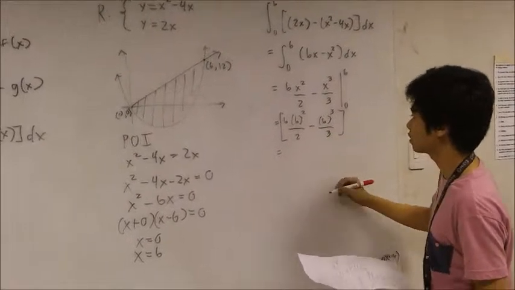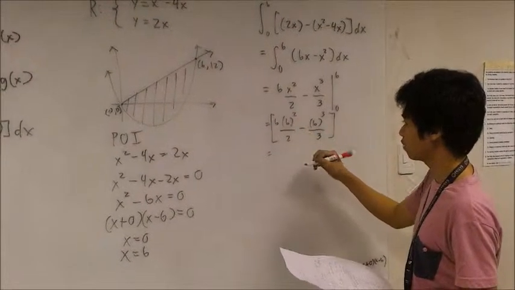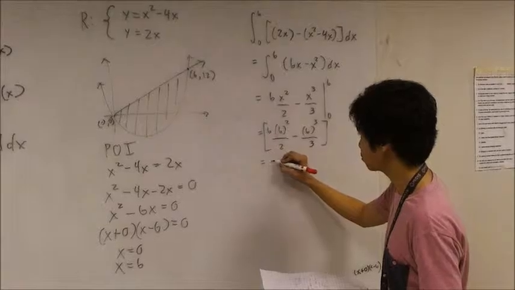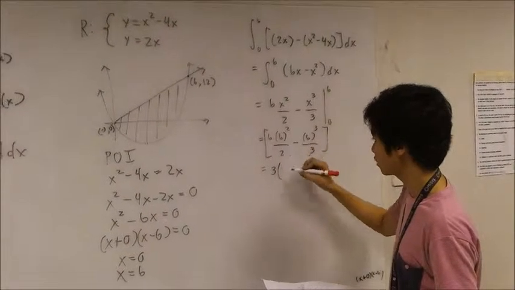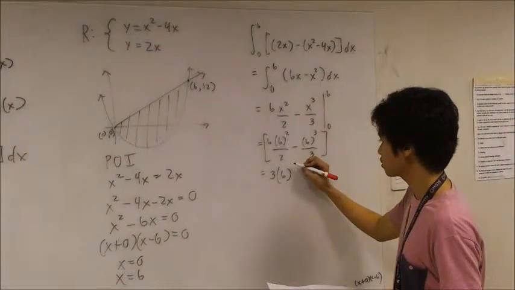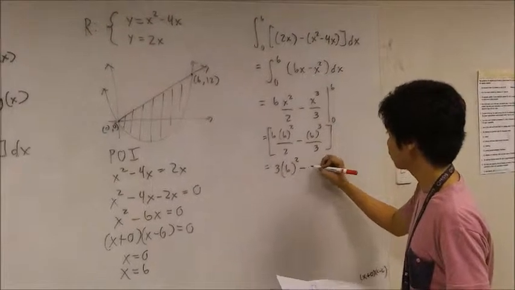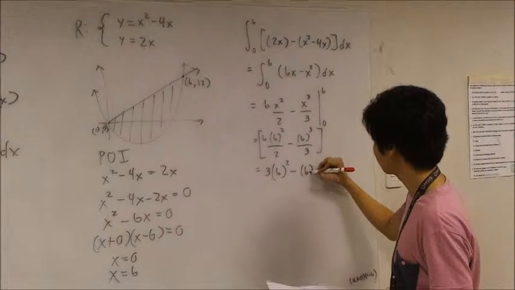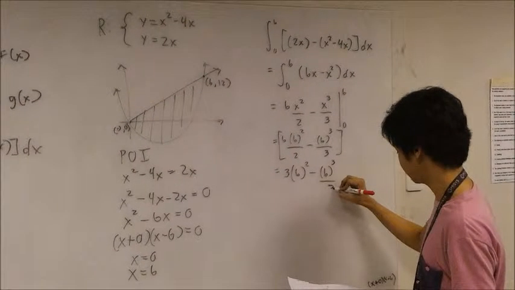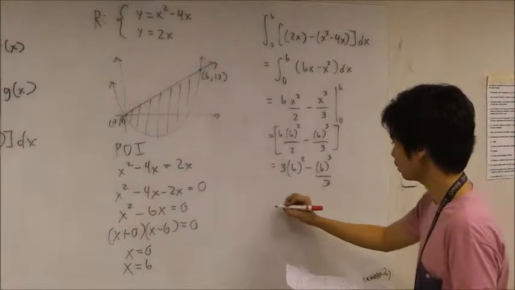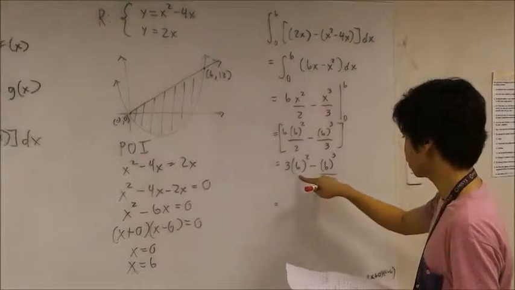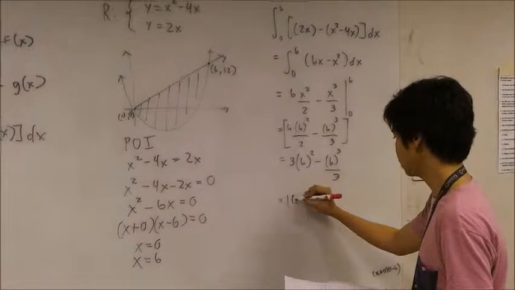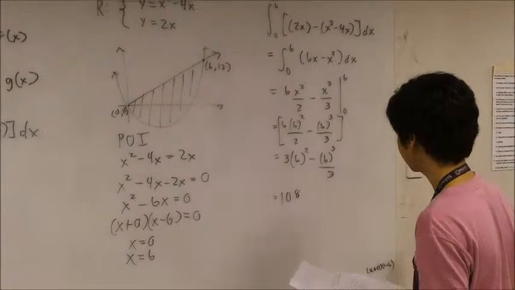So let's simplify this. First, we can divide this already. So 6 over 2 is 3. And we write this. 3 times 6 squared minus 6 cubed over 3. Okay. So let's simplify this further. When you compute it, it's 108.